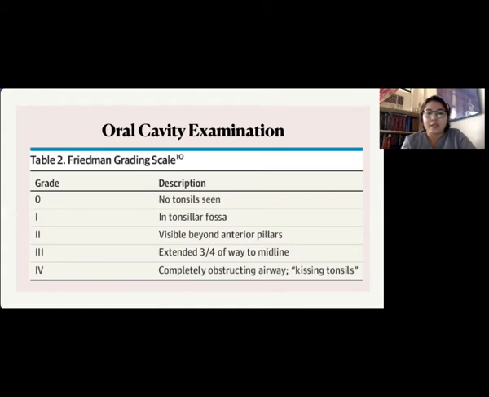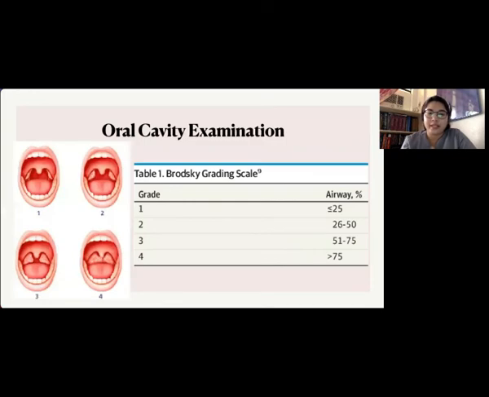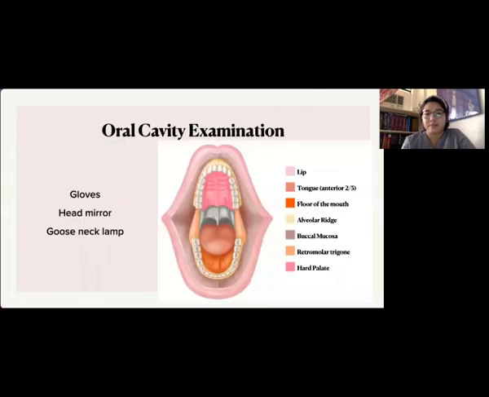If it extends 3/4 of the way to midline, it's grade 3. If it's completely obstructing the airway, it's grade 4. The other grading scale would be your Brodsky, which is quite similar, but it's using percentage. If it's less than 25%, grade 1; 26 to 50%, grade 2; 51 to 75%, grade 3; and more than 75% is already grade 4.